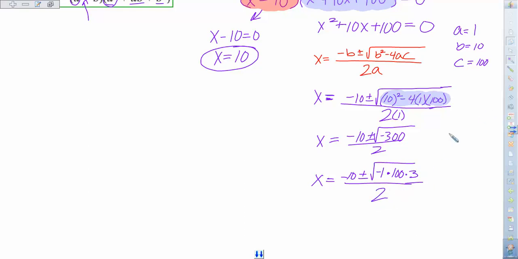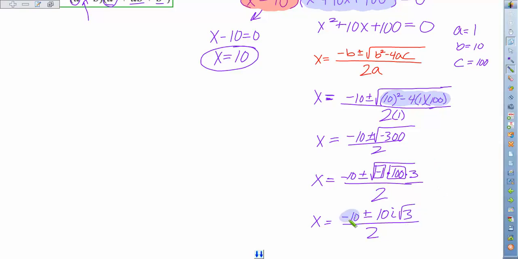Okay, put a box around that 100 to remind yourself to take the perfect square root. Same thing with that negative 1. Boy, we're writing a lot here. But yeah, sometimes this takes a little bit of extra elbow grease to get the right answer. We're okay. Negative 10 plus minus square root of 100, there's a 10, square root of negative 1, which would be your i, and then square root 3.